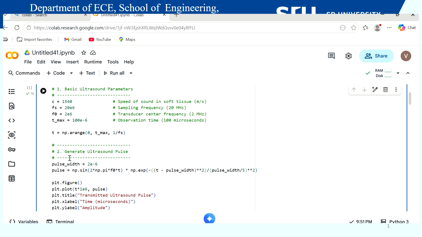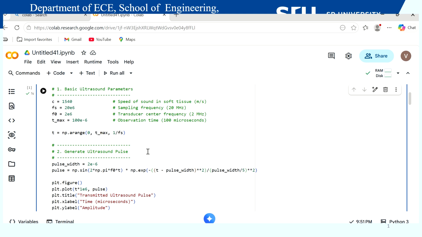So this statement creates the time axis. The step size is uniform, equal to 1 by Fs. Time increases in very small intervals because it is 1 divided by 20 megahertz; the denominator is a high value, so the total value is very small.